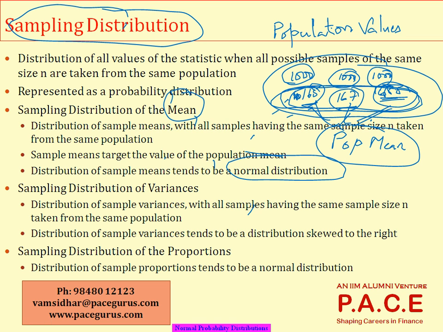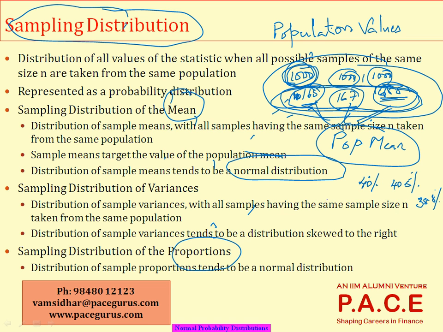Same thing with proportions. Say I'm surveying, I have taken a sample of 1000 and I am finding out what proportion of these 1000 people have voted for a particular party. Let's say I got 40%. Another 1000 on a random basis, when I surveyed, I got 40.5%. Another combination of 1000, I got 38.8%.